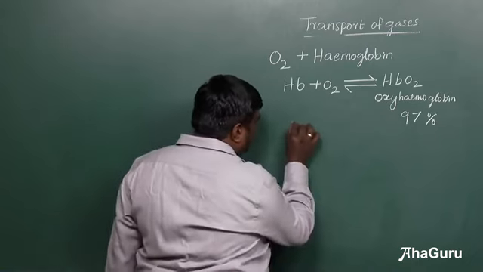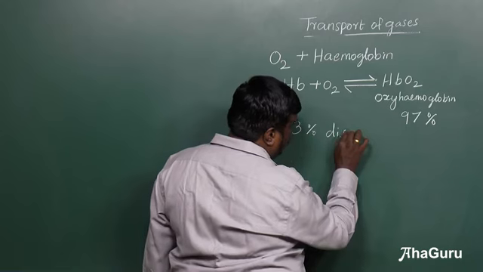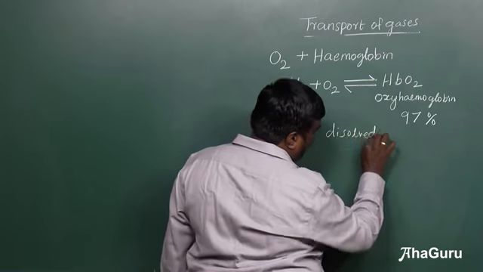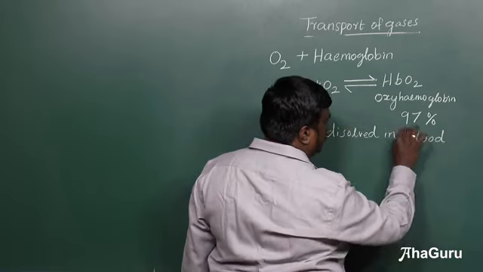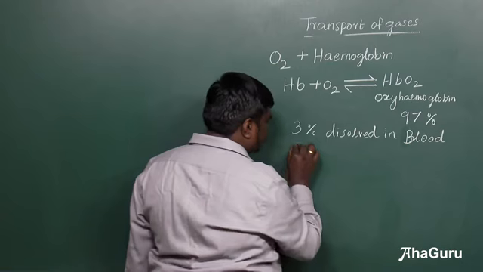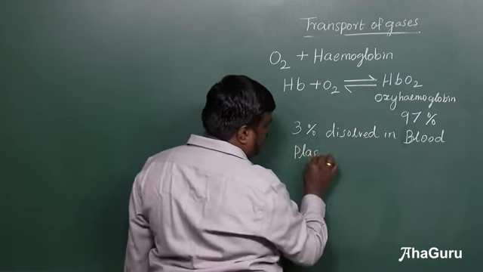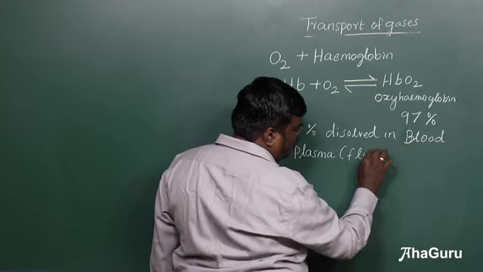Whereas the rest 3% is dissolved in blood plasma. What is plasma? Plasma is the fluid part of blood.